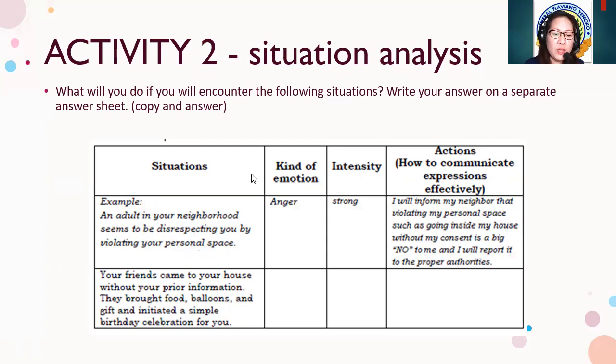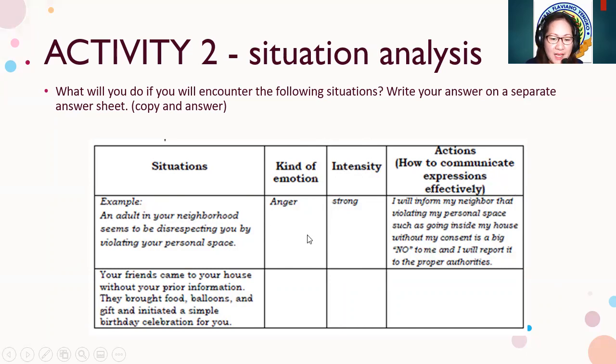Okay. So, I want you to identify with a certain situation, anong kind of emotion na pwede mong maramdaman dyan, di ba? At ano yung intensity? Remember yung intensity: mild, moderate, or strong. And after that, yung action mo, how to communicate your expressions effectively.